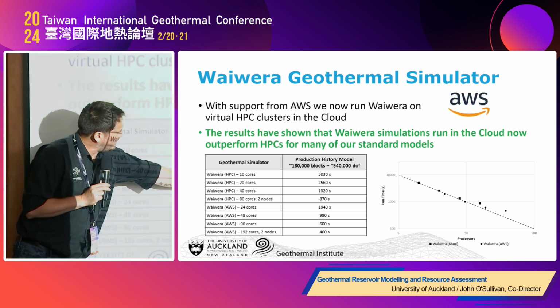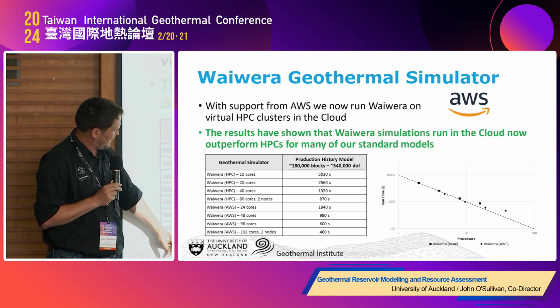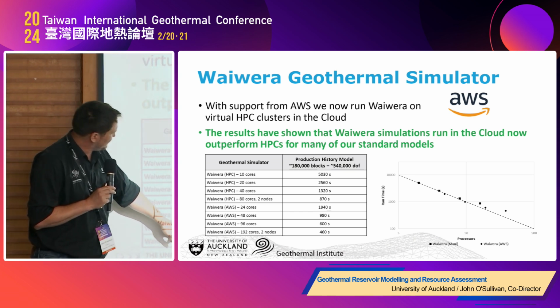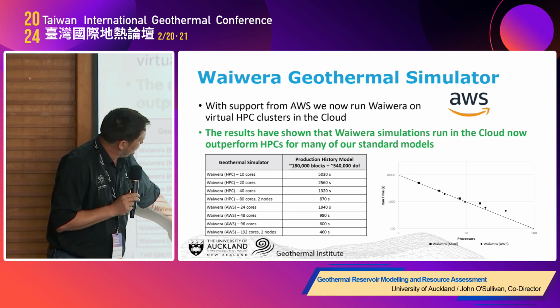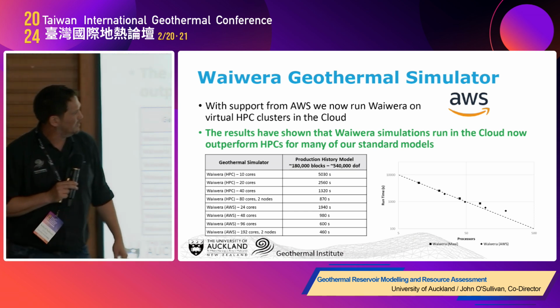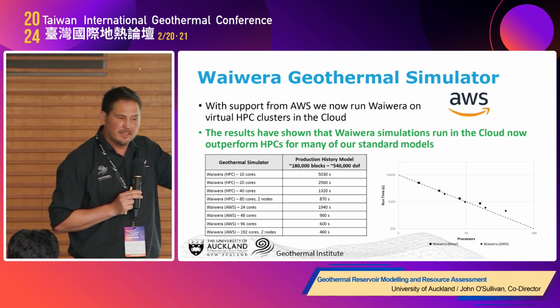It was taking about 870 seconds, while on AWS in the cloud on 96 cores, which is a single node, we're down to 600 seconds, and then we're still getting speed up when we do it on 2 nodes.